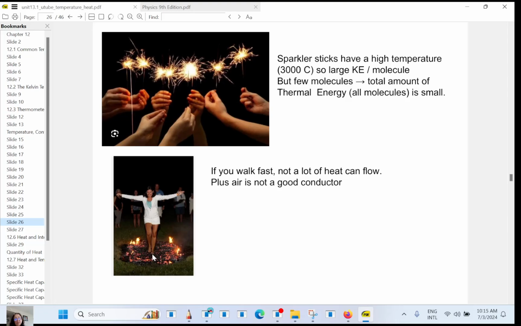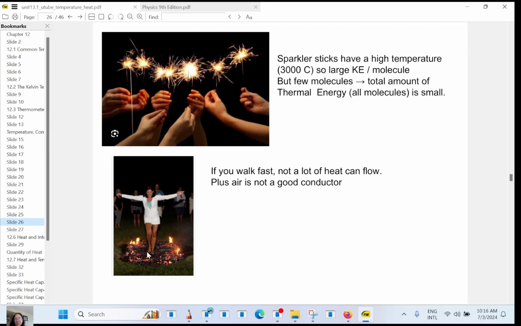So heat is energy that is being transferred from hot to cold, and if heat does not have time to flow, of course your feet here will not be burned, because the heat does not have time to flow in large amount because you don't stay in place, you keep moving.